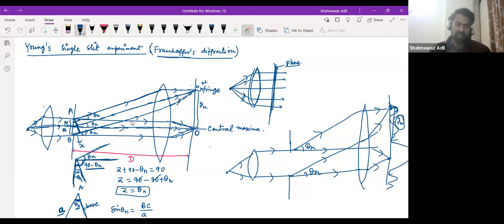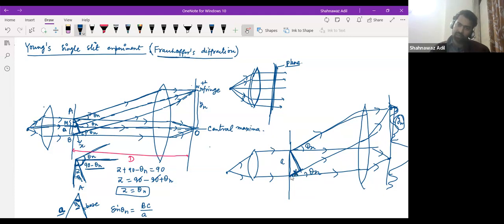But this is the full diagram. And the path difference: this separation is a, this is the perpendicular, and this is the path difference, because this one is following this path, this one is following this path, and this is the extra path.